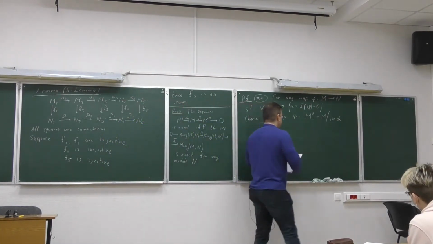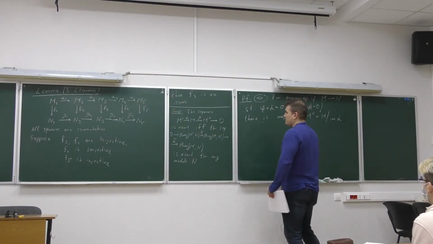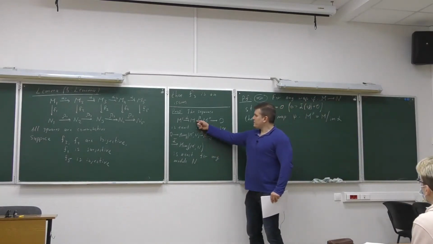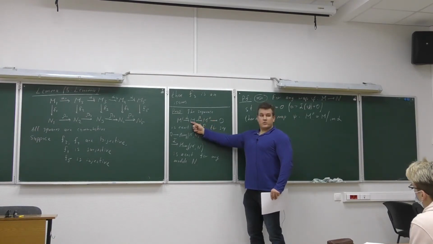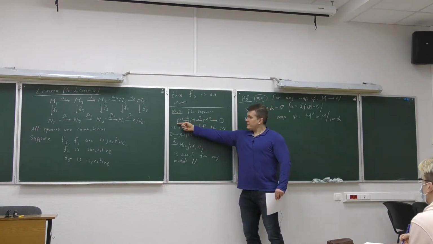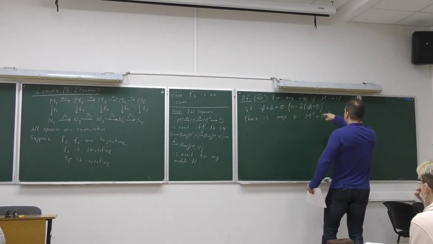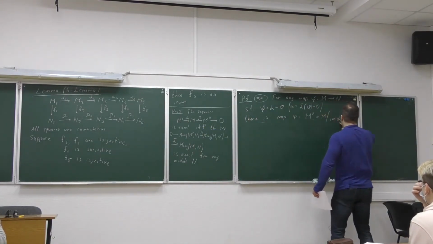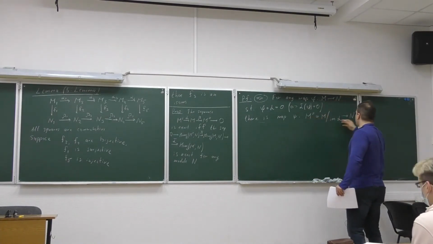So beta is surjective. It means that the image of beta, which is exactly M double prime, is the quotient of M by the kernel of beta, and the kernel of beta is exactly the image of alpha. So suppose there is a map psi from this M double prime, which we understood as M quotient by the image of alpha, to N.